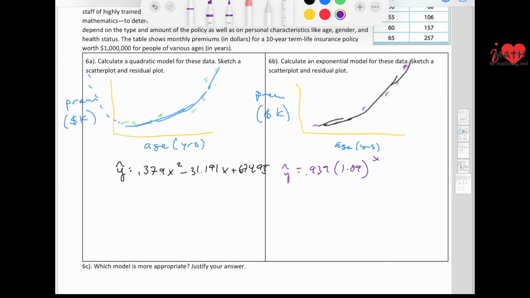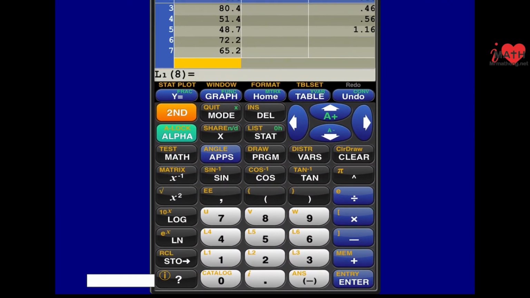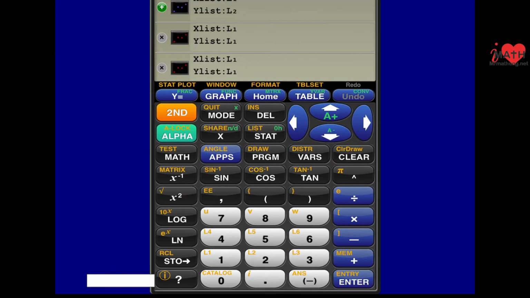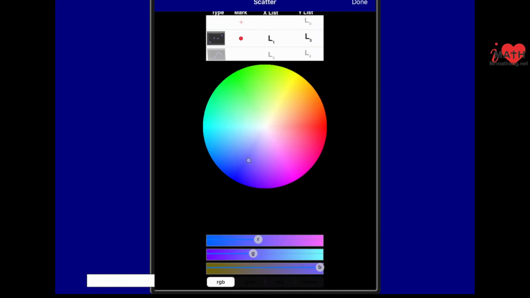Well, you would have to calculate the residuals. I'm just going to show you really quickly, again, I don't have it on this calculator. When you're graphing it, to get yourself a picture, you're going to press second y equals, and then slide it down to residuals. It will give you a graph of the residuals.